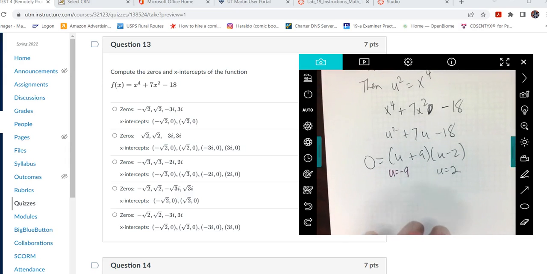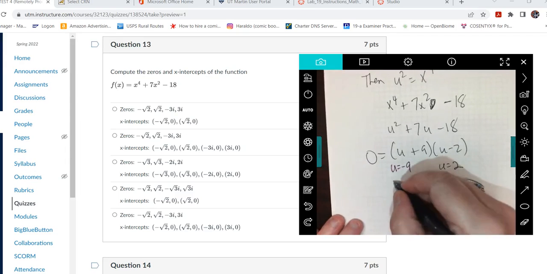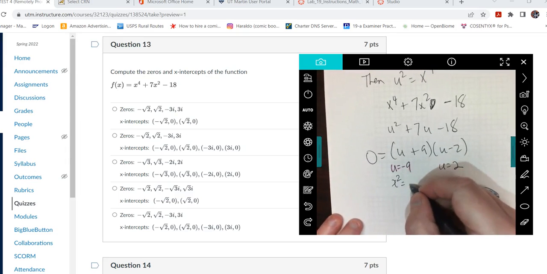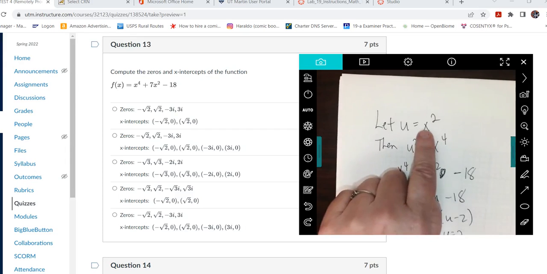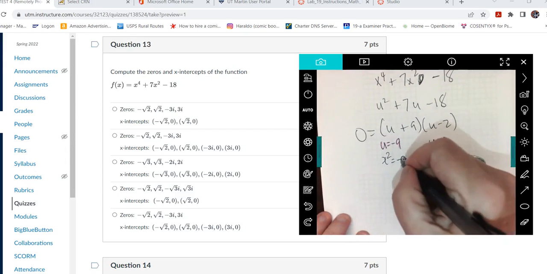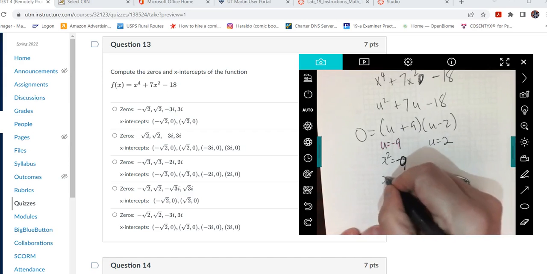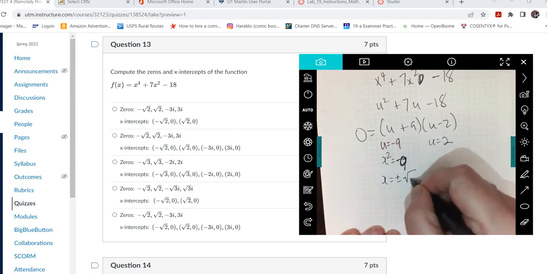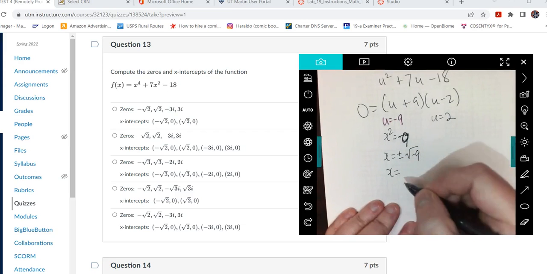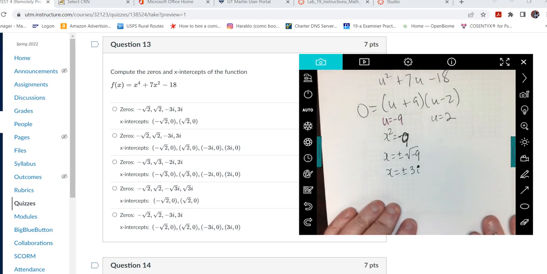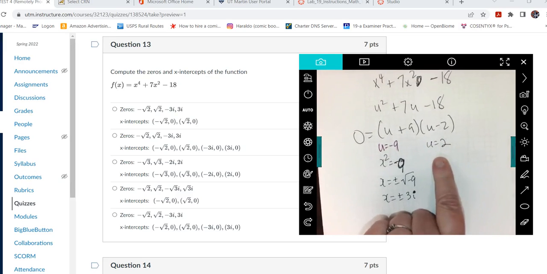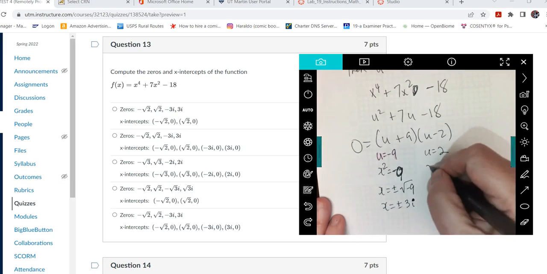But I have to solve this for x. So if u is equal to negative 9, then that means x squared is equal to negative 9, because that's what we let u be. And if I take square roots of both sides, I'm going to get x is plus or minus the square root of negative 9, which is going to be 3i. And here we have u is equal to 2.